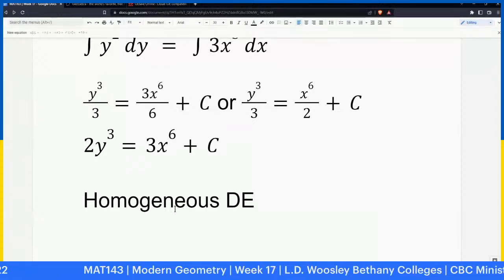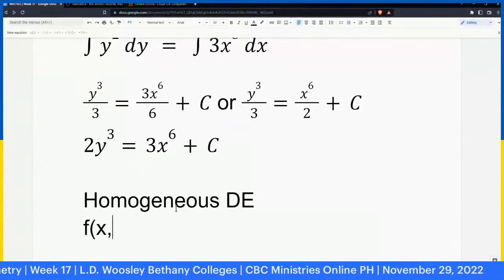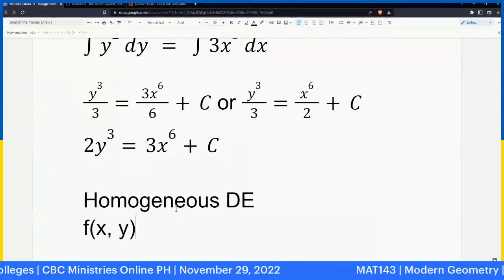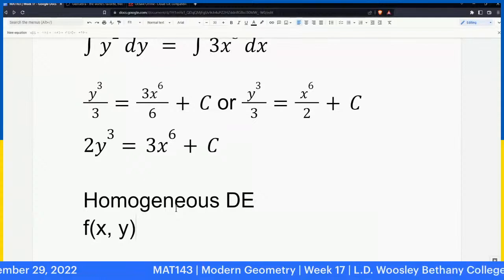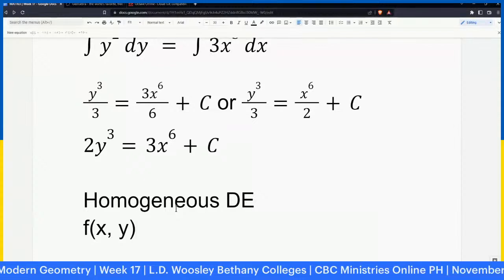Normally we apply homogeneous if there are functions of x and y combined. Okay? It's said to be homogeneous of degree n. So there is a clarification here.